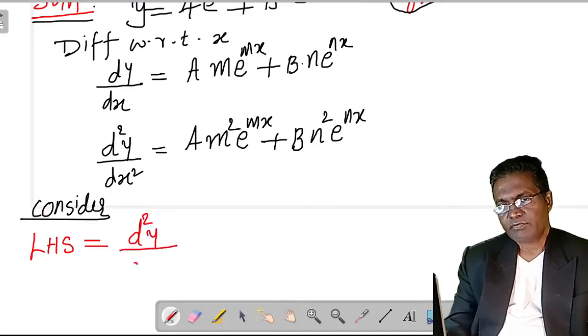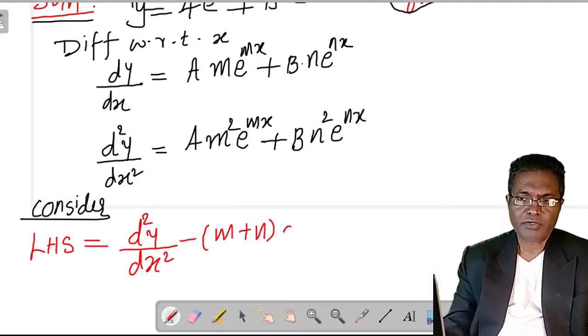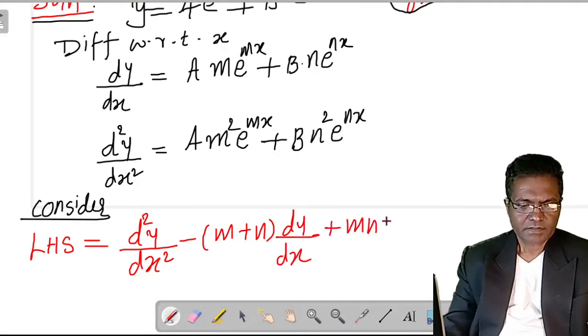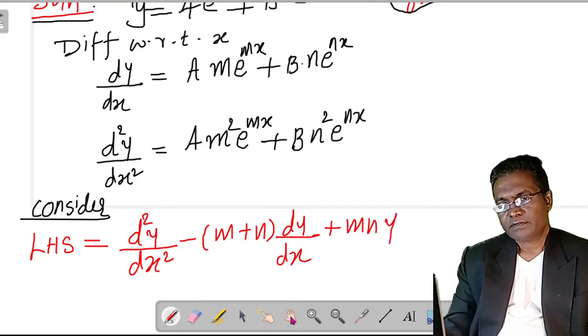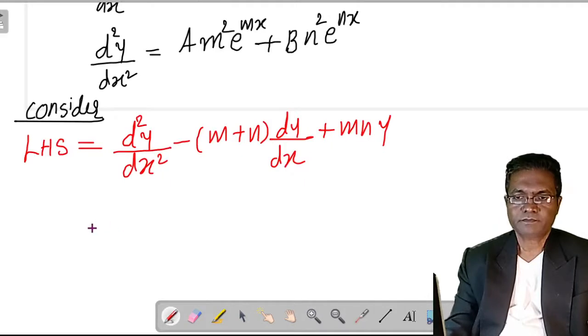It is d square y by dx square minus m plus n into dy by dx plus mn into y. You are asked to show this is 0, so just substitute.